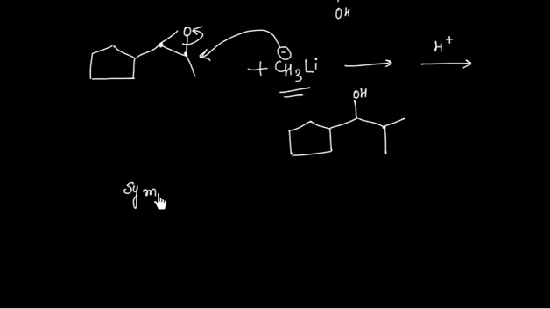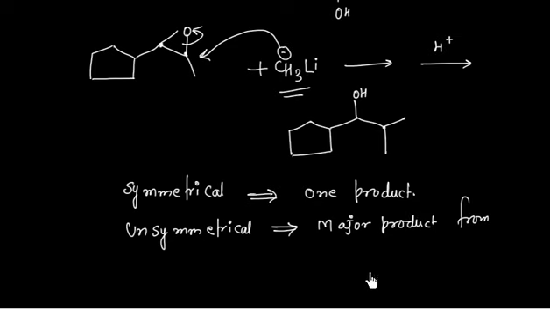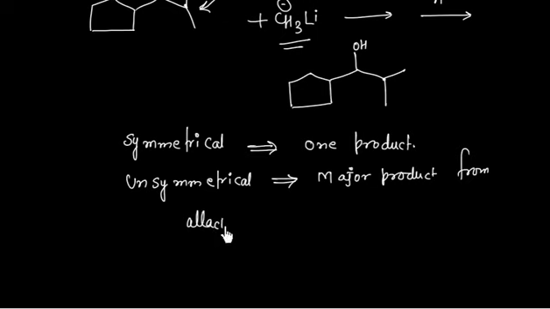If the epoxide is unsymmetrical, the major product will come from attack of the Grignard reagent or methyl lithium, alkyl lithium, that is attack of the nucleophile to the less hindered carbon.